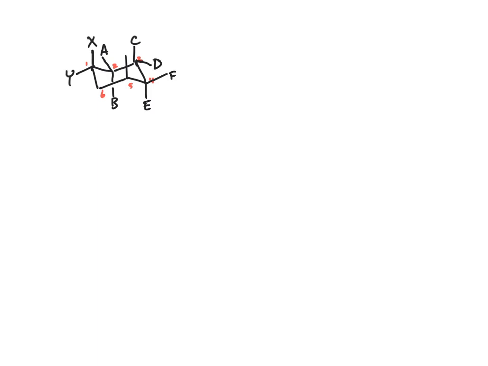So let me ask you a question. What's the relationship between C and F? What's that? Not so much. If the question said, are C and F cis or trans, what would the answer be? They're going to be cis because they're on the top face of the molecule.